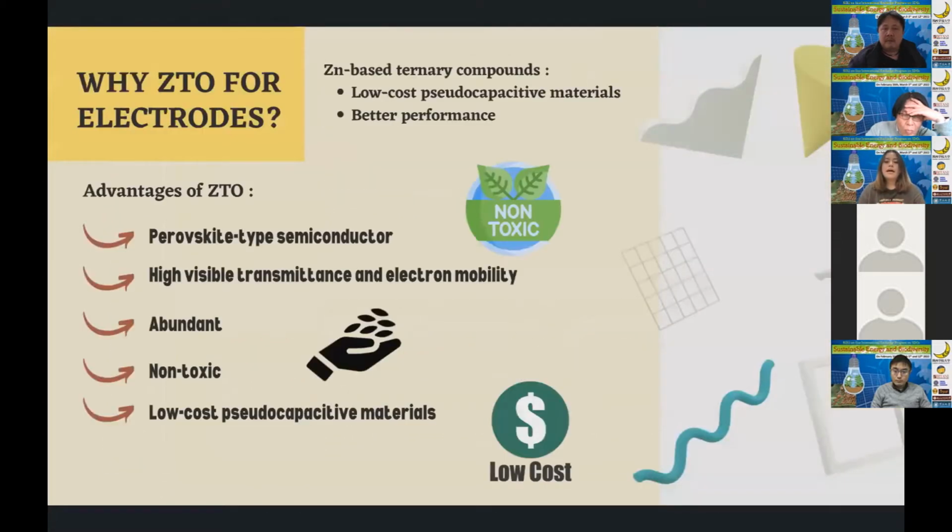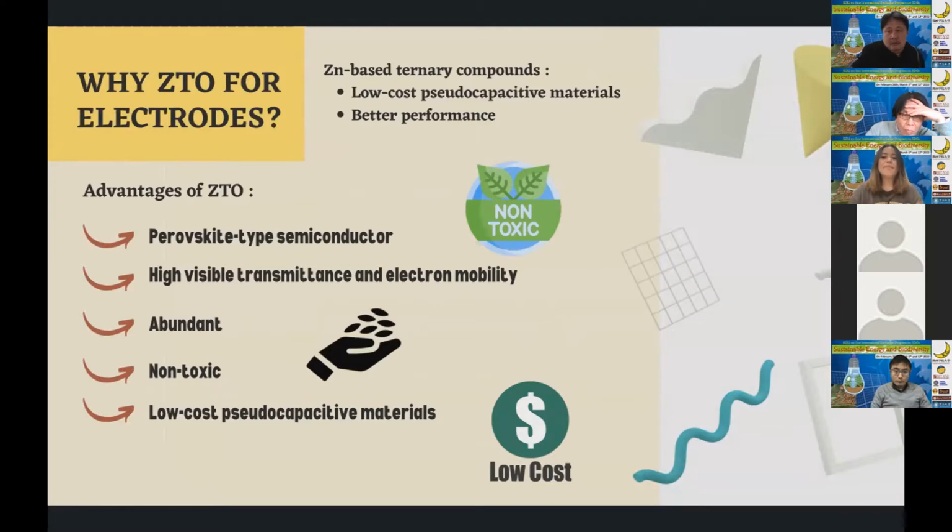As I mentioned before, I use zinc tin oxide for the cathode. The reason I chose zinc tin oxide is because of its several advantages. Firstly, most of the zinc-based ternary compounds, such as zinc manganese oxide or zinc tin oxide and the others, are low-cost pseudo-capacitive materials.